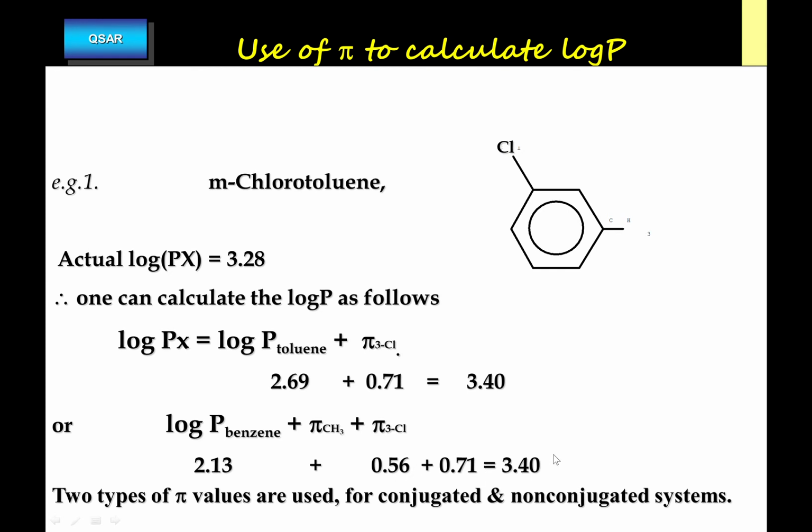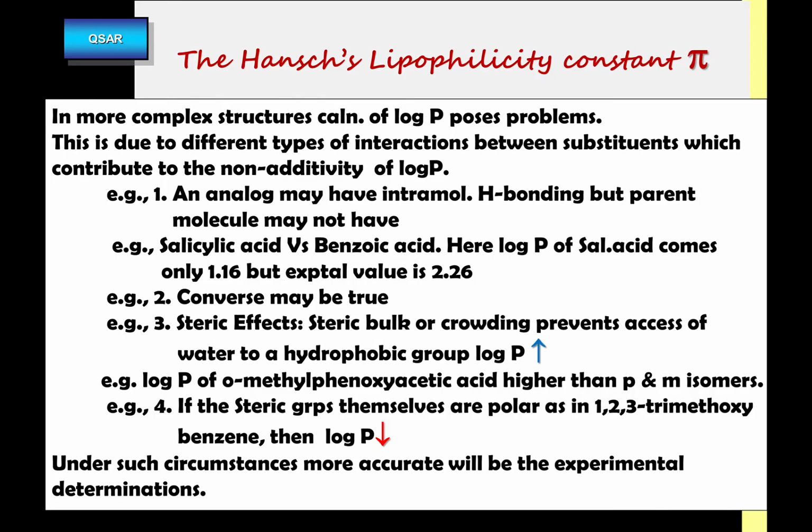Pi values are of course affected by conjugation, so you have different values for non-conjugated and conjugated systems. There are some anomalies or some exceptions in the pi value. Some cases pose some problems in their calculations, and non-additivity is also suffered.